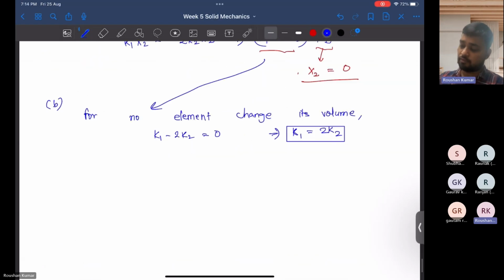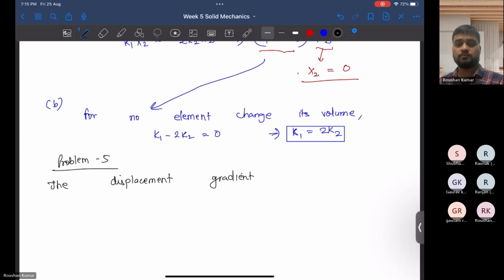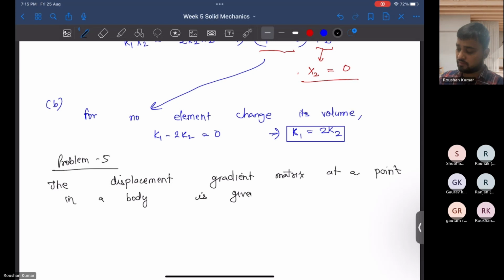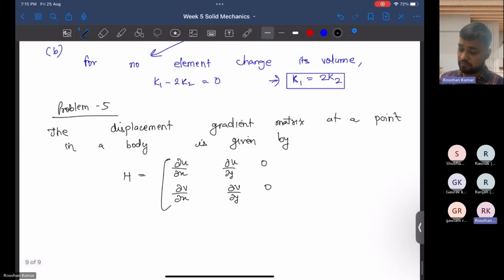Now move on to the next question, problem number 5. The question is, the displacement gradient matrix at a point in a body is given by H equal to del u over del x, del u over del y, 0, del v over del x, del v over del y, 0, 0, 0, 0.